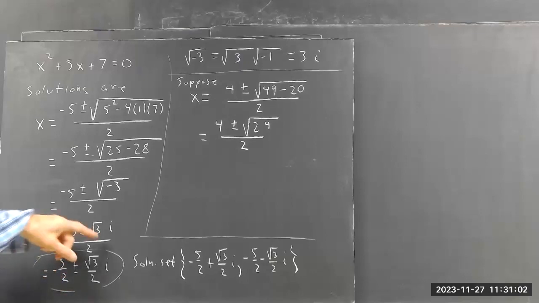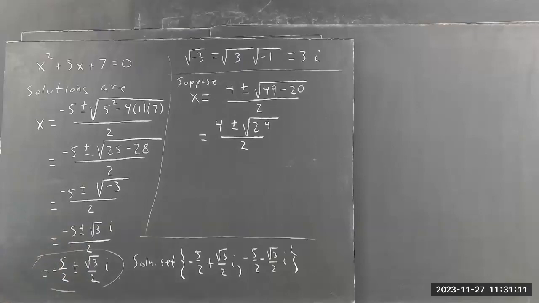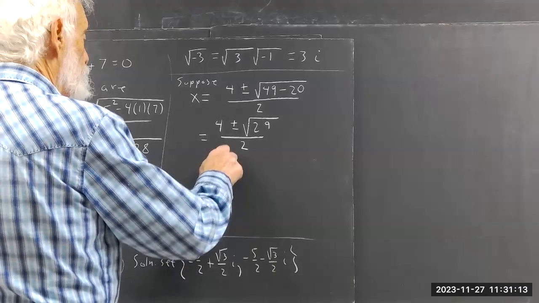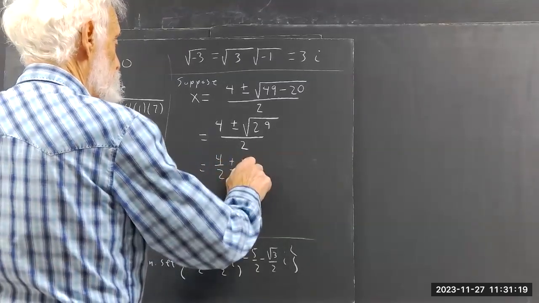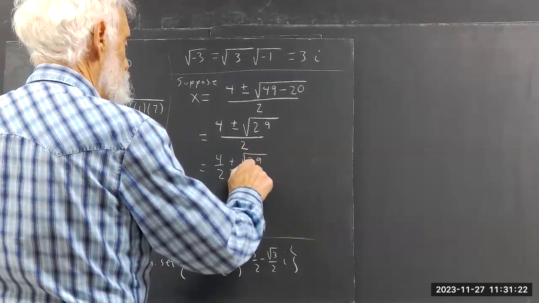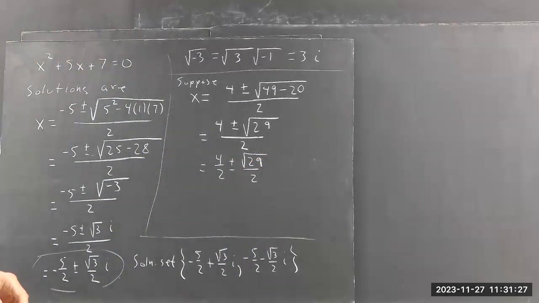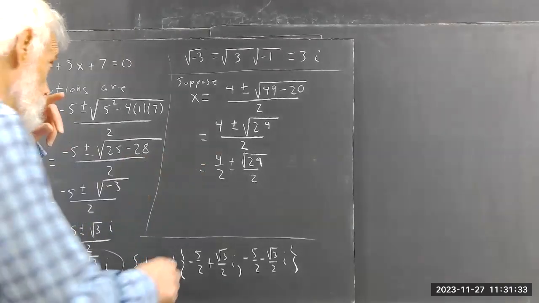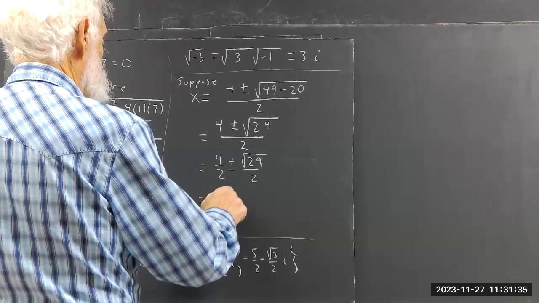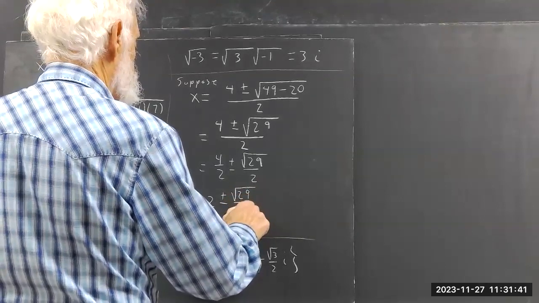Just like a distributive law. It is a distributive law, but for division, division by 2 distributes over an addition or subtraction. So what we can write is, this is 4 over 2 plus or minus square root of 29 over 2. That makes sense? Okay, then of course 4 is an even number, so I know I can divide it by 2. That's going to be 2 plus or minus the square root of 29 over 2.